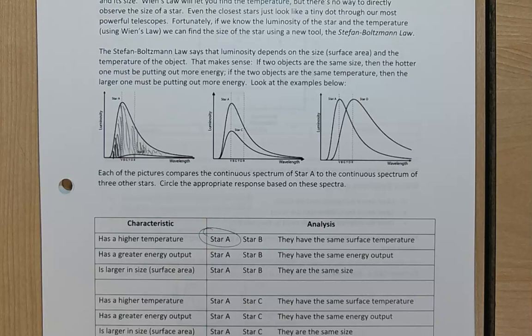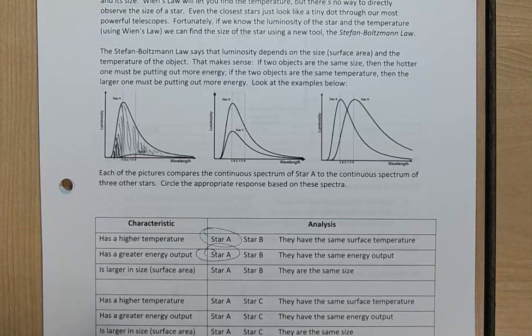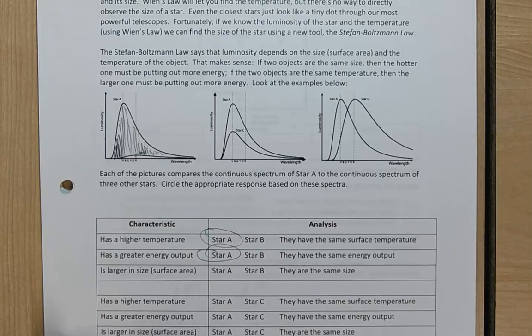So all we've got to do is look at these graphs and say, whichever star has the greater area under the curve must be the higher luminosity star, must have the greater energy output. So between A and B, got to be A. Which star is larger in size?